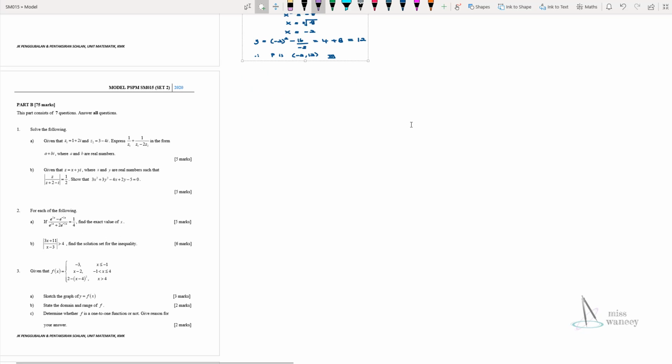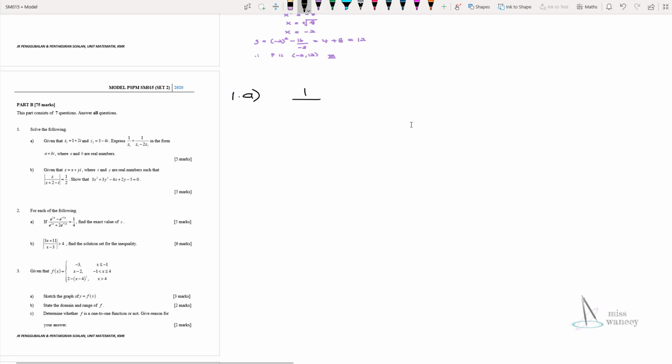Okay, let us do the question on part B. Question number 1A: given that z1 is equal to 1 plus 2i, z2 is 3 minus 4i, express 1 over z1 plus 1 over z1 minus 2z2 in the form of a plus bi, where a and b are real numbers.